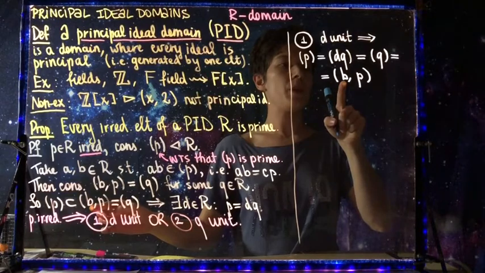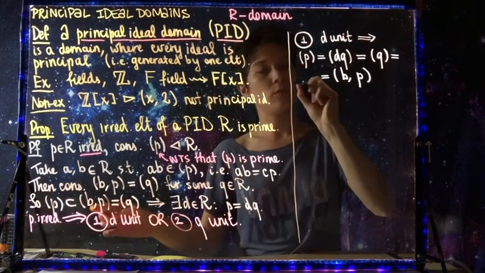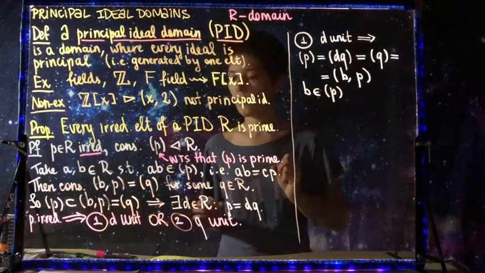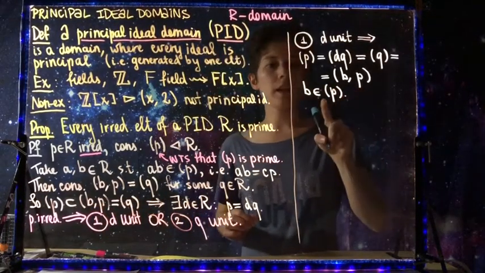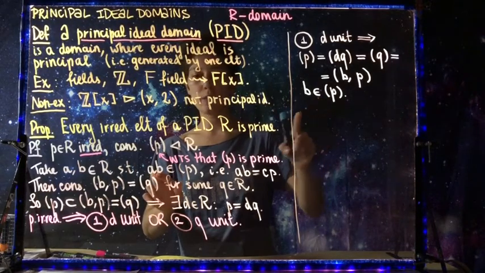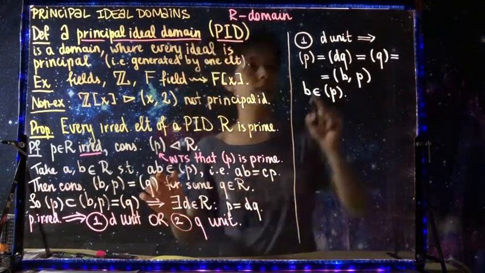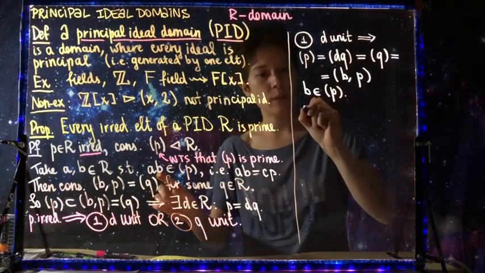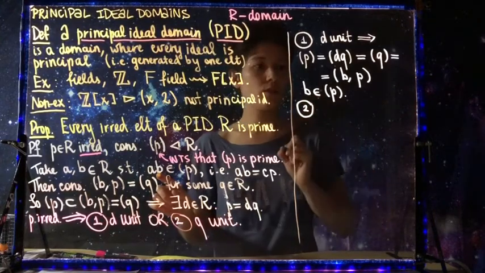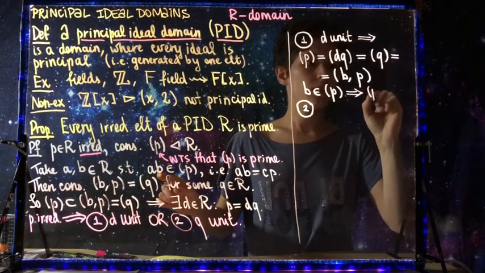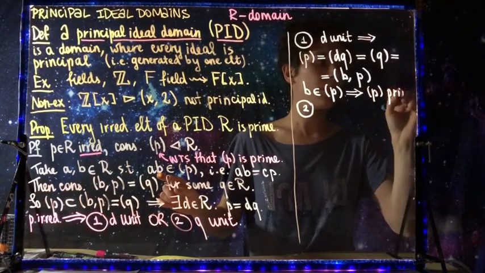So B should belong to P. And in this case, we proved that one of the factors belongs to P. And in this case, we proved that P is prime. P satisfies the definition of a prime ideal. So let me write: P is prime in this case.